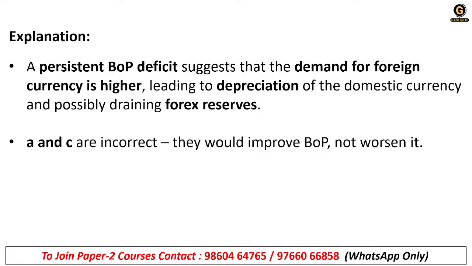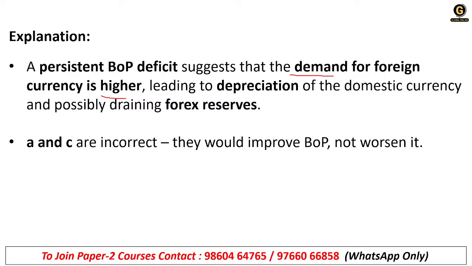See, a persistent BOP deficit suggests that the demand for foreign currency is higher. Understanding? The demand for foreign currency is higher, and that indicates the persistent BOP deficit, leading to depreciation of the domestic currency and possibly draining forex reserves. Correct? So A and C are incorrect.